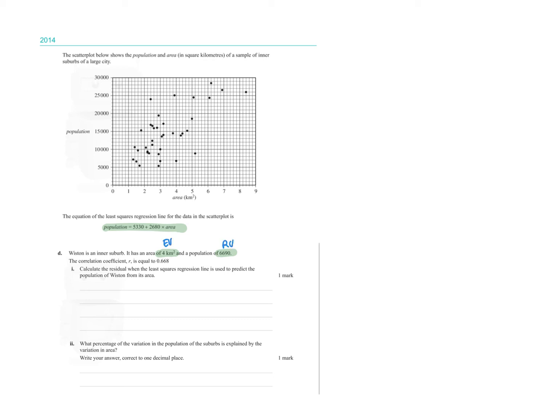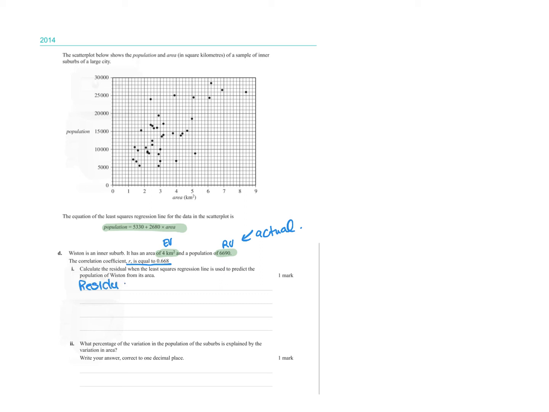They gave me the actual. So calculate, and then they've told me what the R is. It says calculate the residual when the least squares line is used to predict the population of Winston from its area. So they want the residual.